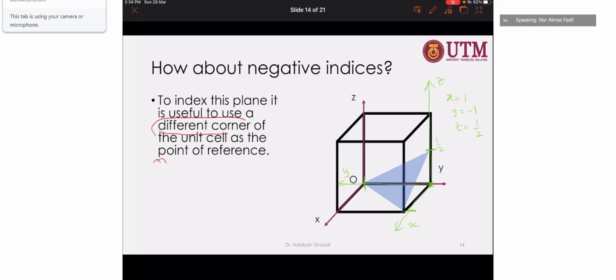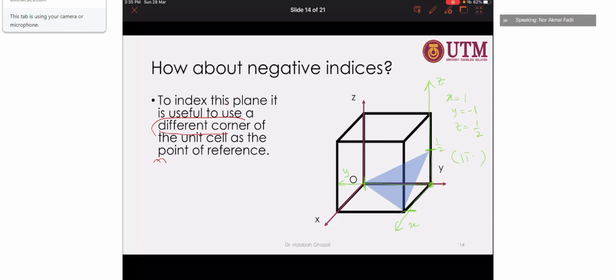If we do the reciprocal and indexing, what is the index value for this one? Anyone? 1, -1, 2. Okay, 1, 1 bar, 2.